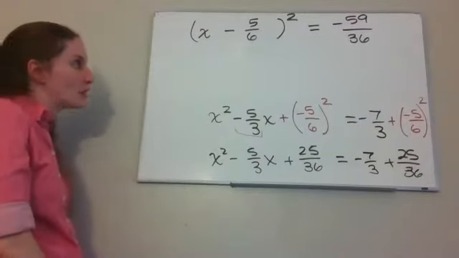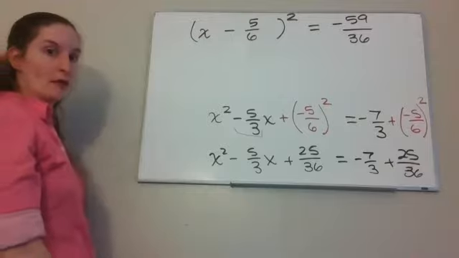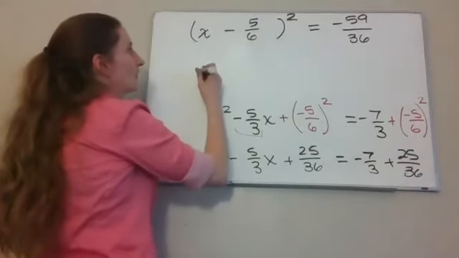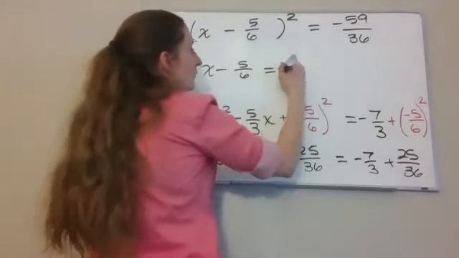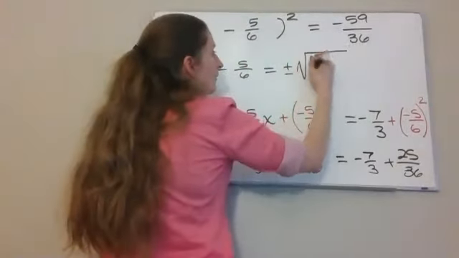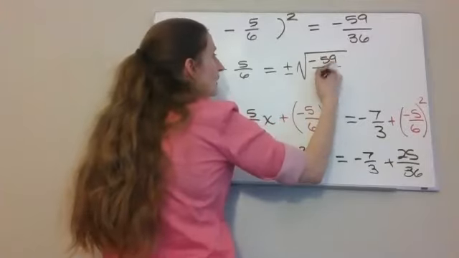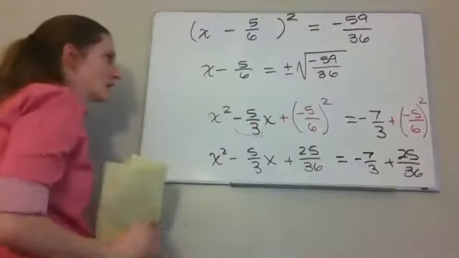So now I can finish solving this using my square root property. Take a square root of both sides. x minus 5 over 6 equals plus or minus square root of negative 59 over 36.